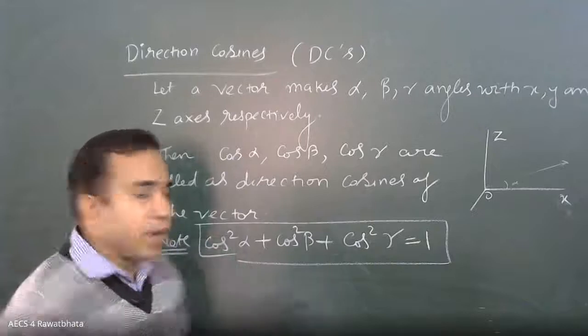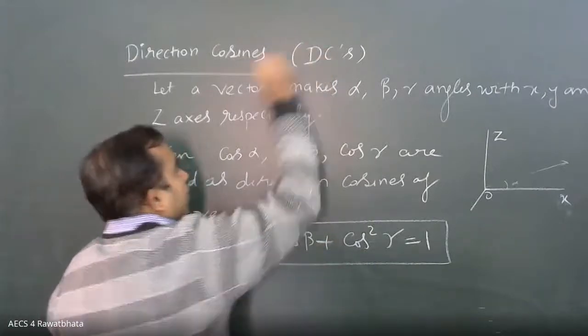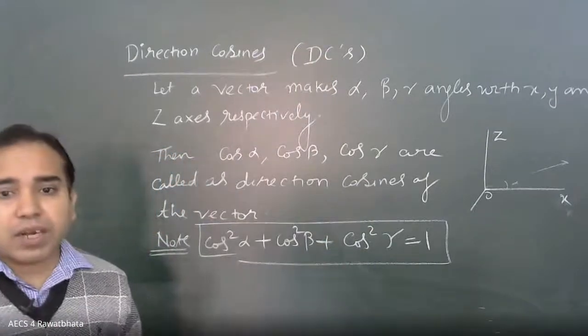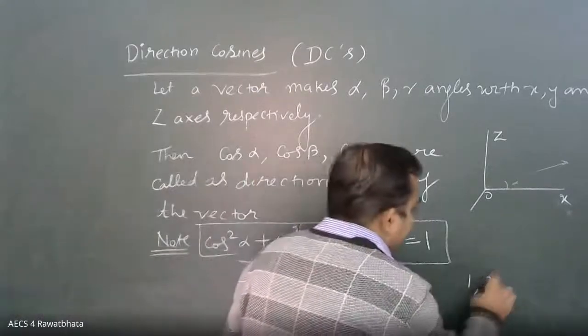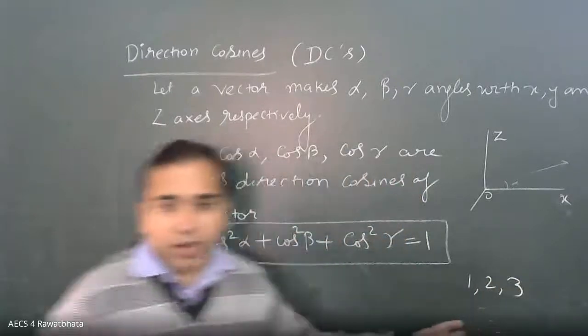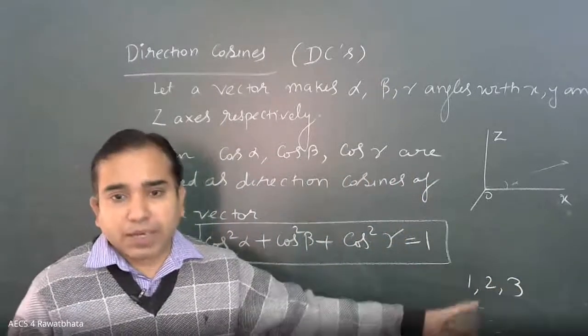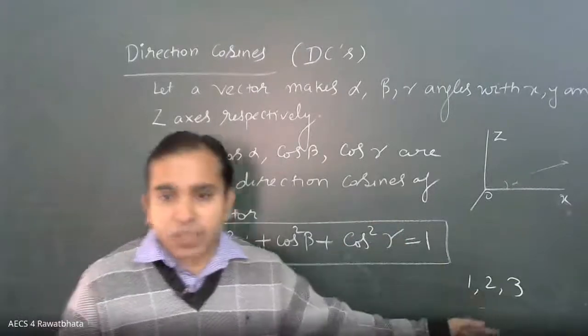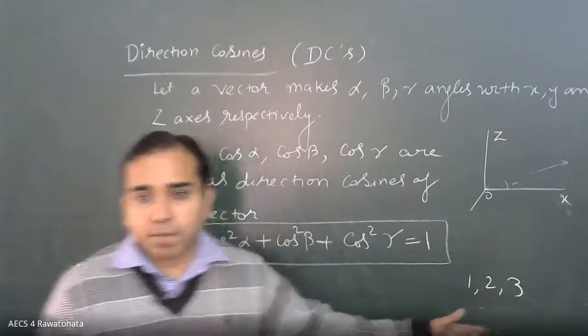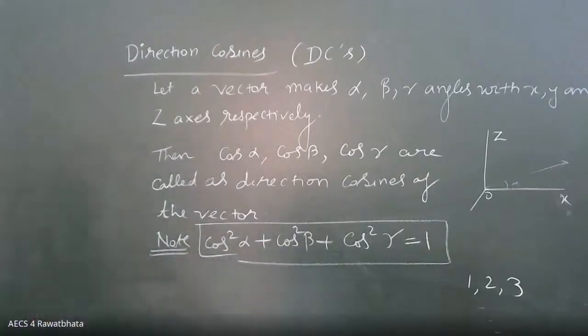And using this relation, you can check whether any 3 numbers are DCs of some vector or not. So, for example, can they be DCs of some vector? Can you tell? क्या कोई ऐसा वेक्टर होगा जिसके ये DCs हो सकते हैं? डायरेक्शन कोसाइन हो सकते हैं? Students, is it possible to check?